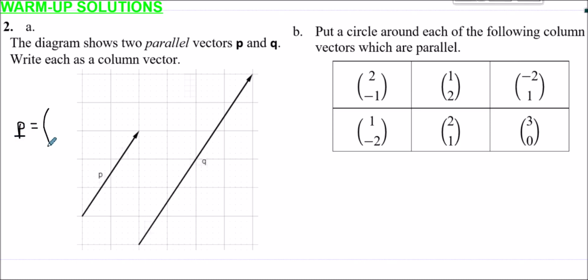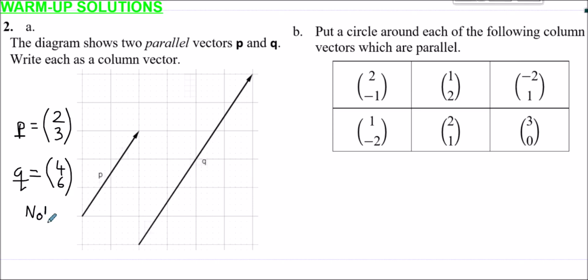So for p, we're going 2 to the right and 3 up. So p is (2, 3). And for q, we're going 1, 2, 3, 4 to the right, and we're going 1, 2, 3, 4, 5, 6 up, so it's going to be (4, 6).